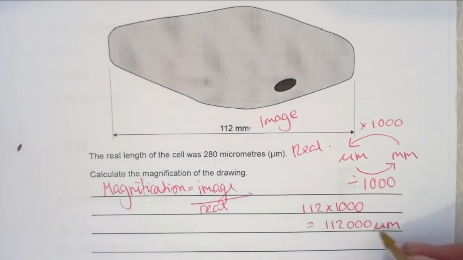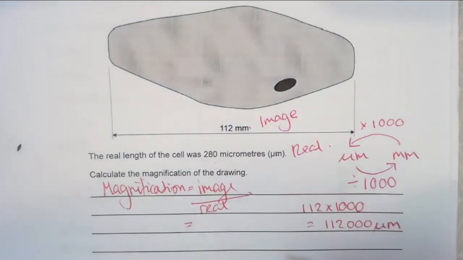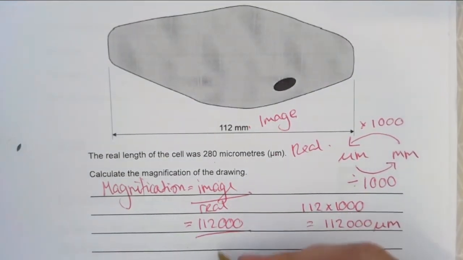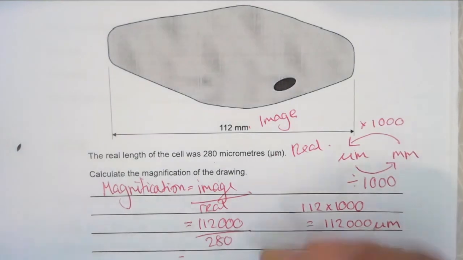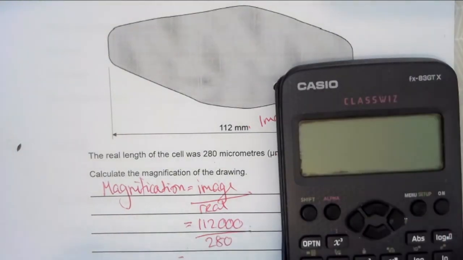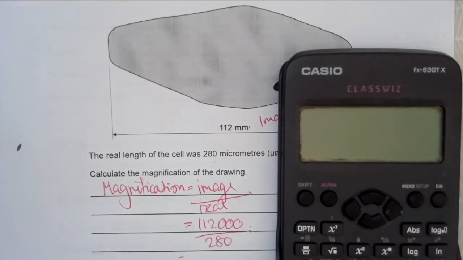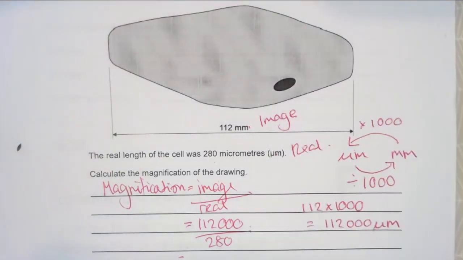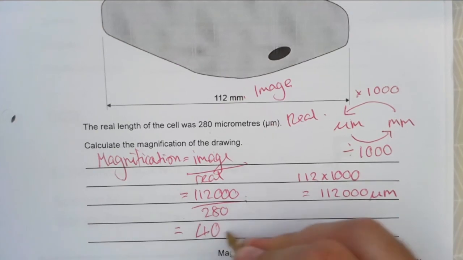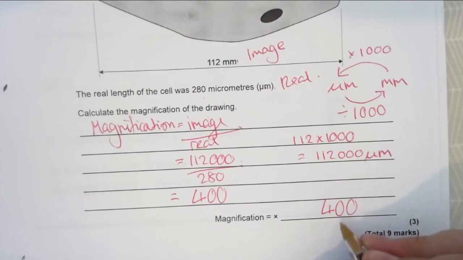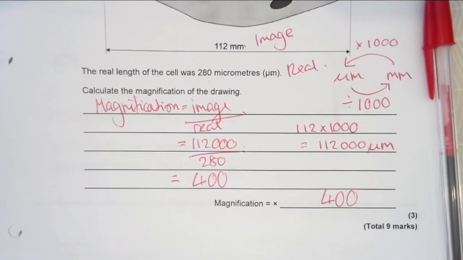Now all I have to do is substitute into my equation here 112,000 over 280. Looks like it's going to be quite a large magnification. We'll get our calculator. Let's turn it on, that might help. 112,000 divided by 280 gives me 400. And I'll write it in the correct space to make sure the examiner sees it, and there we are done.